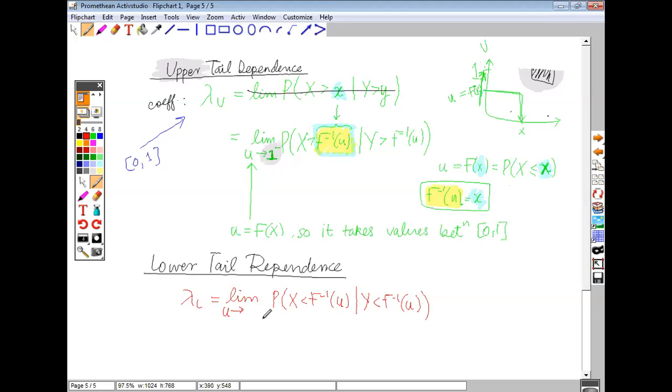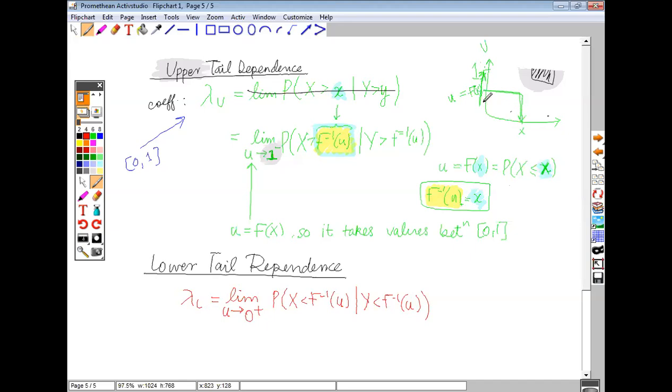So again, whenever I'm talking about lower tail dependence, what value is it approaching here and from where? Will it be from above or will it be from below? Will it be 0 plus? Exactly, it will be 0 plus because our U at the end takes the value 0 and you cannot approach it from minus.